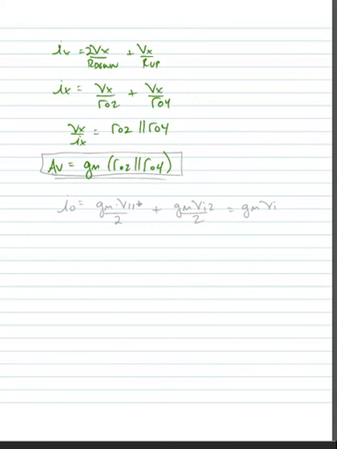I forgot to mention one thing. The reason that we have a single GM is that our output current, IO, is equal to GM times VI1 over 2 plus GM times VI2 over 2.